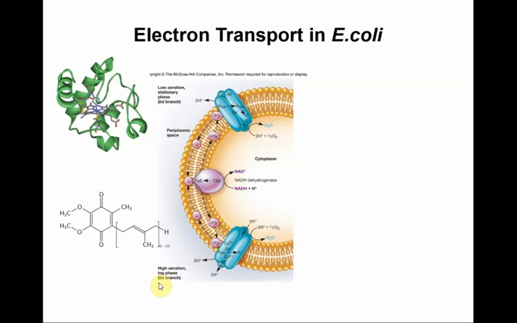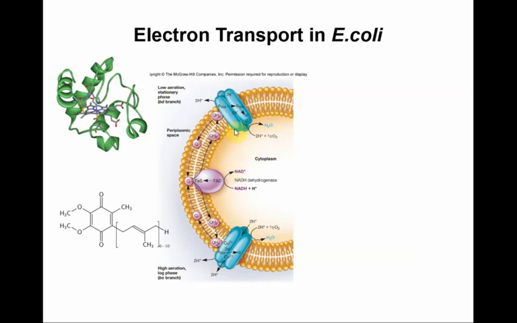BO, O, oxygen. If you've got oxygen, you use BO. The BD branch has got a higher affinity for oxygen, so it works with a low oxygen concentration, but it can't really transport extra protons. So you get a little bit less of a proton gradient.